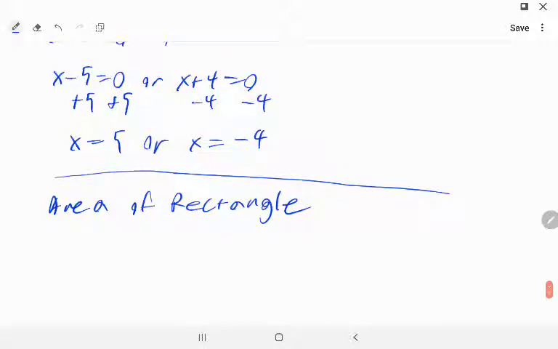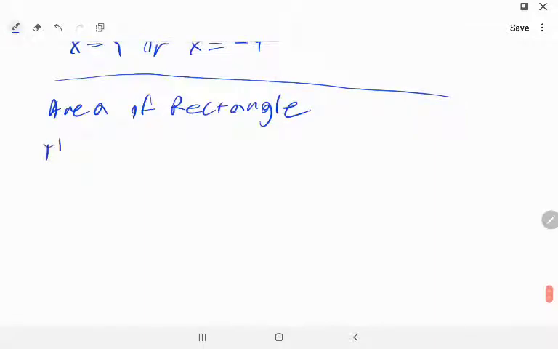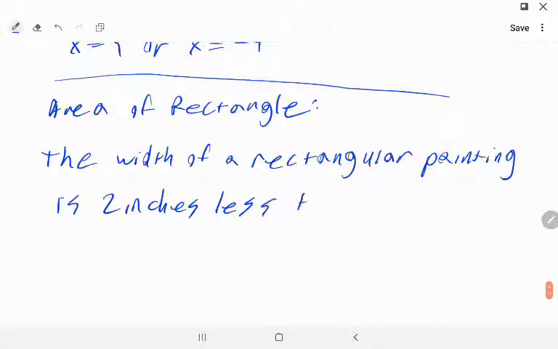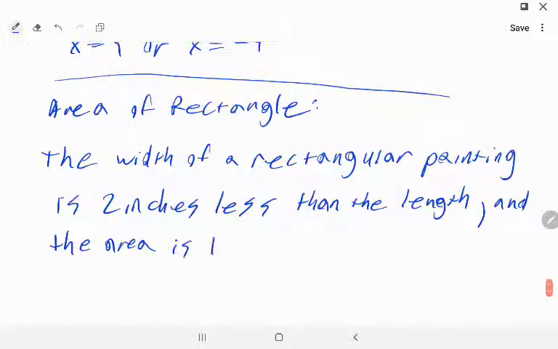If we said something like, the width of a rectangular painting is 2 inches less than the length, and we know that the area is 120 square inches, we could ask, what are the dimensions of the painting?